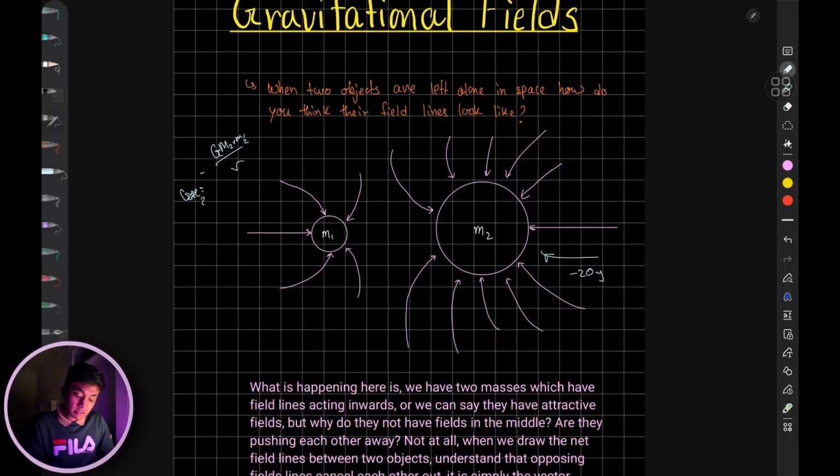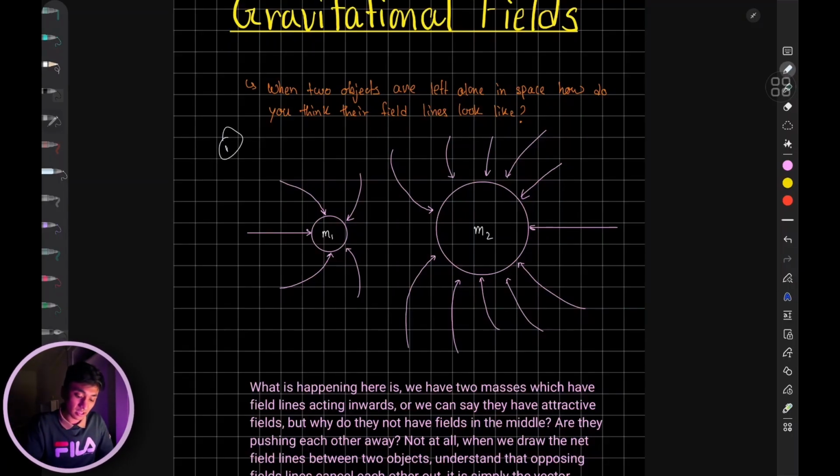Now, this is possible mainly when you are isolated in the universe. There's no other mass around you. You get that? What happens when other masses are there? Basically, the gravitational potential energies between multiple objects are added.